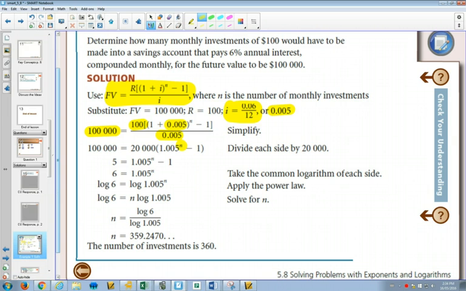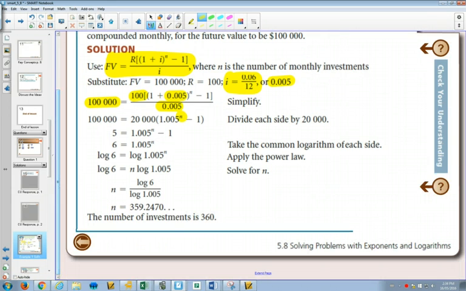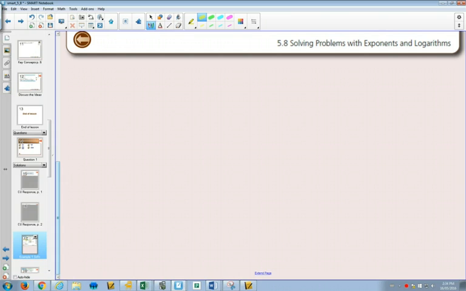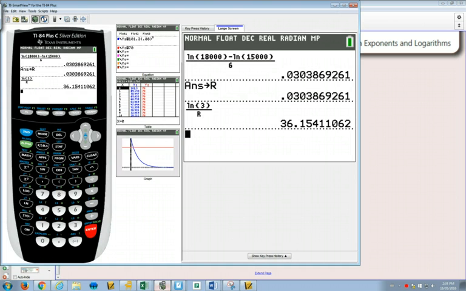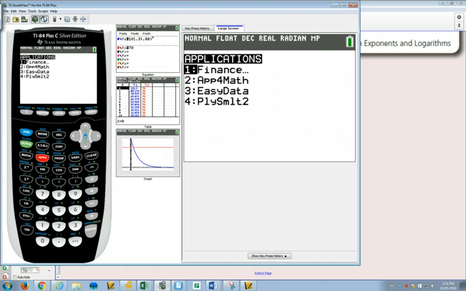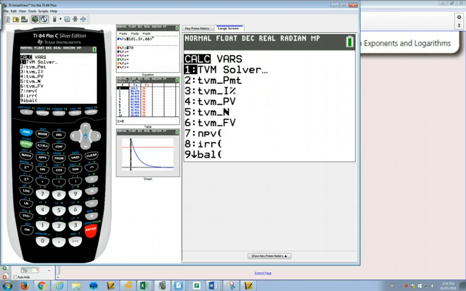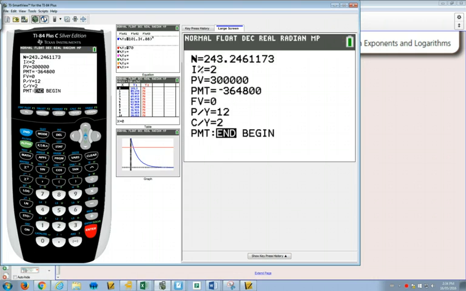At the top of your page, at the top of page 431, I'd like you to write TVM solver. That was on our calculators that we looked at by pushing your apps button, number 1 on finance, and number 1 to get TVM solver.